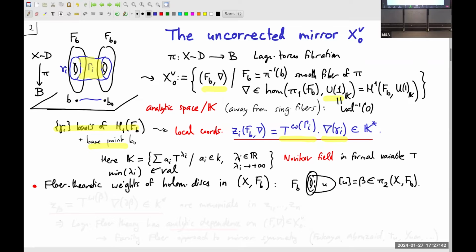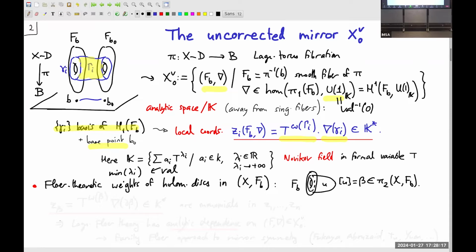So the reason for the Novikov field and for these kinds of coefficients is that this matches exactly with how in Lagrangian Floer theory we count holomorphic disks with some coefficients. Okay? So Lagrangian Floer theory looks at holomorphic disks with boundaries on Lagrangians, and all of the calculations you want to do there are defined using weighted sums over moduli spaces of holomorphic disks. And the weight of a disk is precisely given by this kind of quantity.